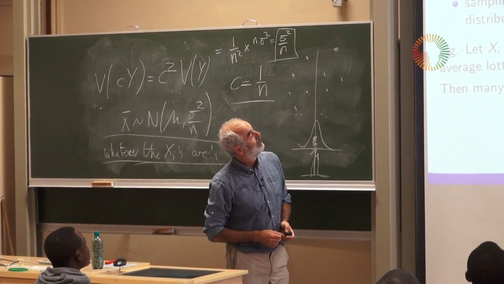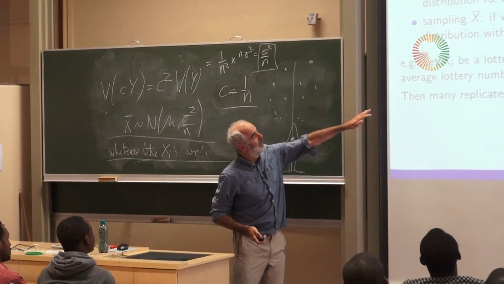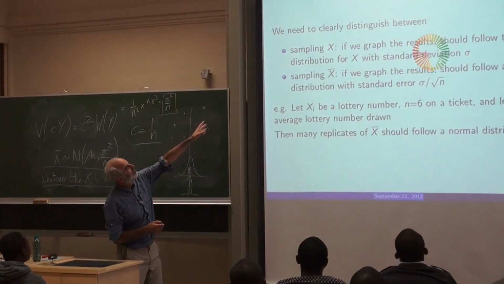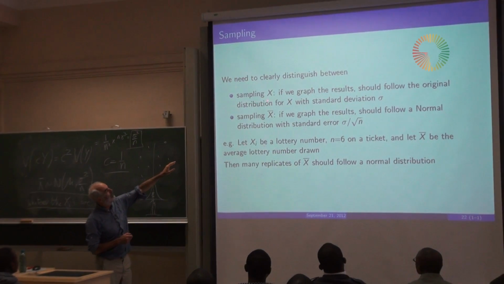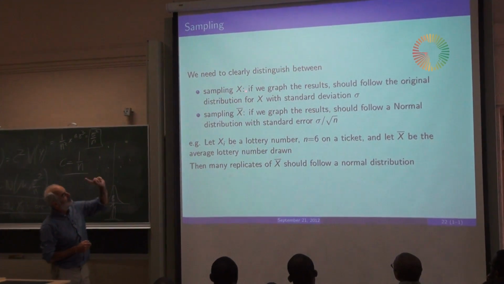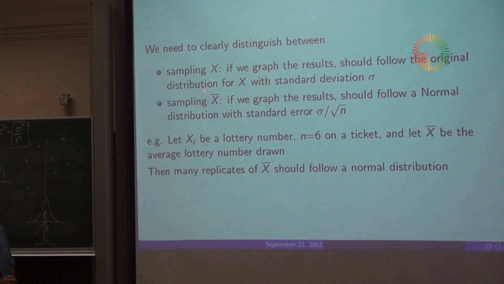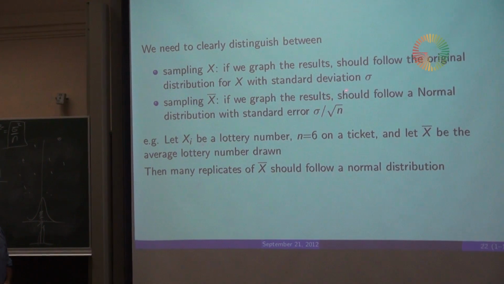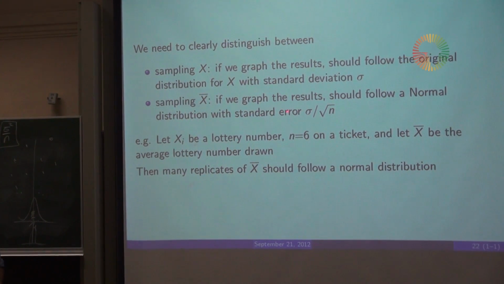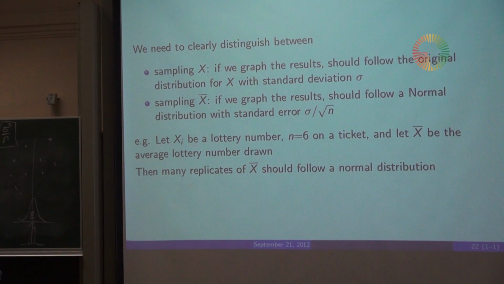Okay. Right. And that's what we did yesterday. We need to clearly distinguish between sampling a single x, in which case the results will follow the original distribution, and sampling the means, which will follow a normal distribution with standard error, sigma over root n.